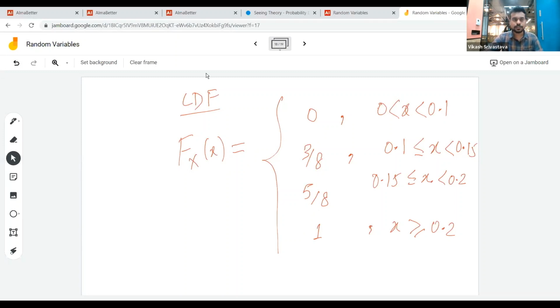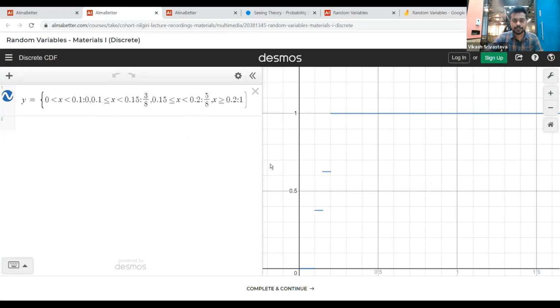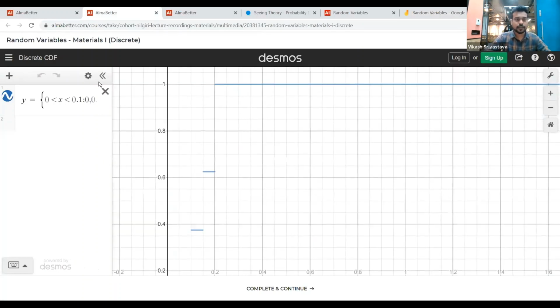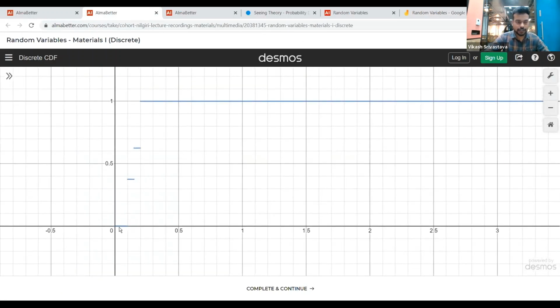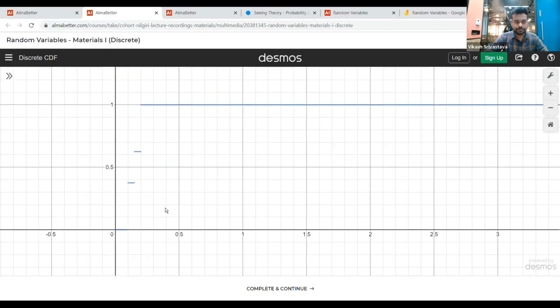Okay, so here as you can see, if our value is between 0 and 0.1, the CDF or the cumulative probability is 0. If it's between 0.1 and 0.15, this is 3 by 8, which is close to 0.4.